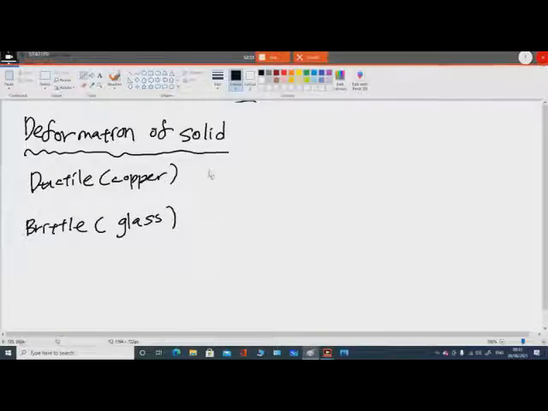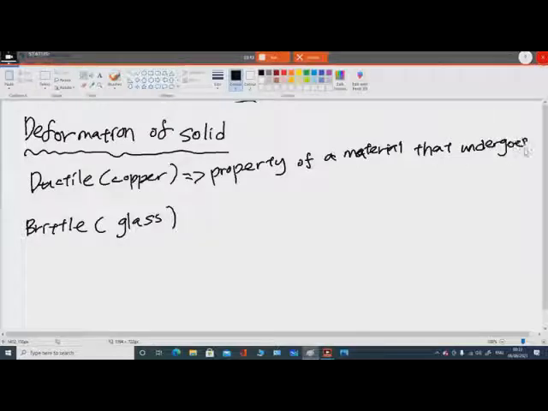What is actually meant by ductile? Ductile is defined as the property of a material that undergoes plastic deformation before breaking.